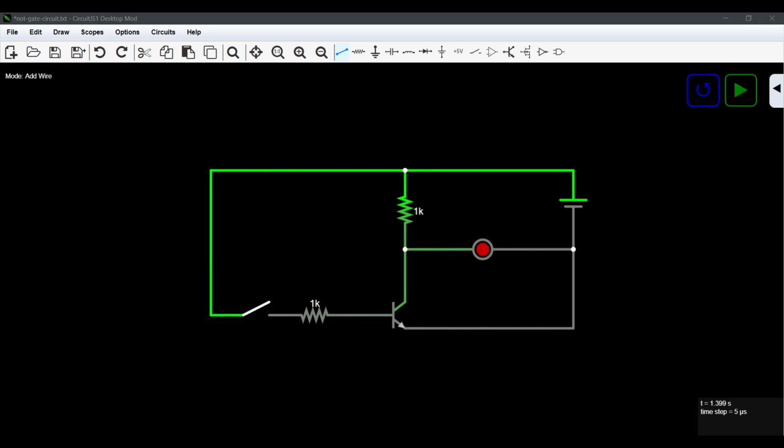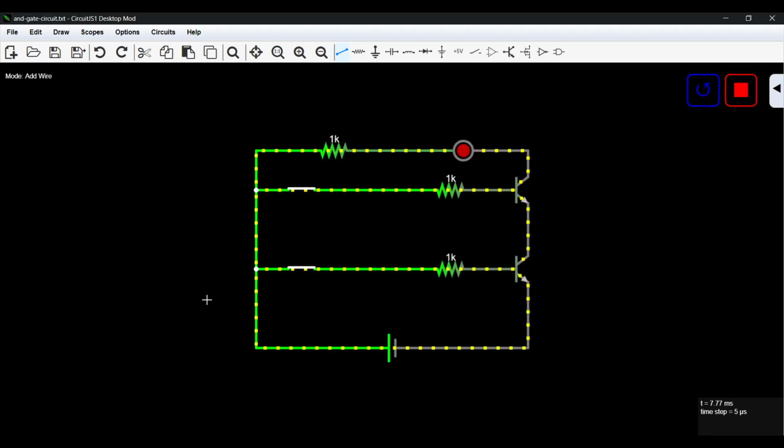Other than the NOT gate, we also have a circuit called an AND gate. As from the name, an AND gate is essentially looking at two statements, or rather two inputs, and comparing them, and only if both statements are true, if statement A and statement B, if both of them are true, then the output should be true.